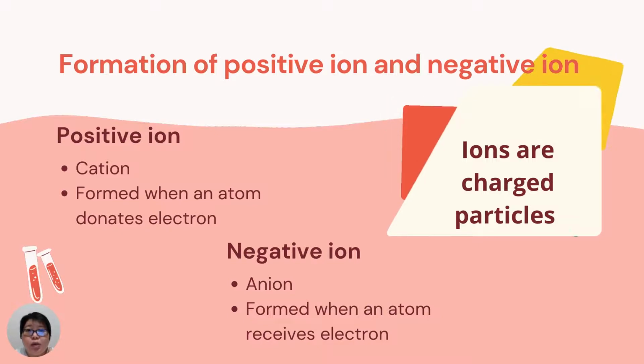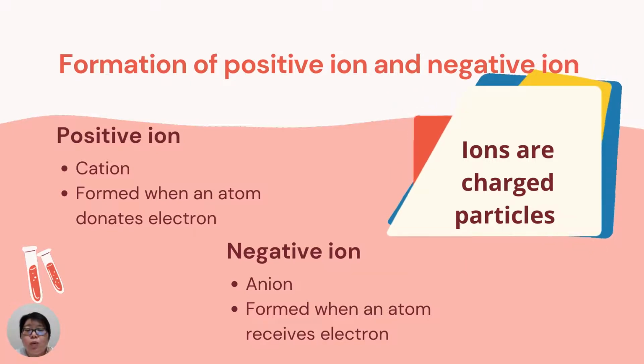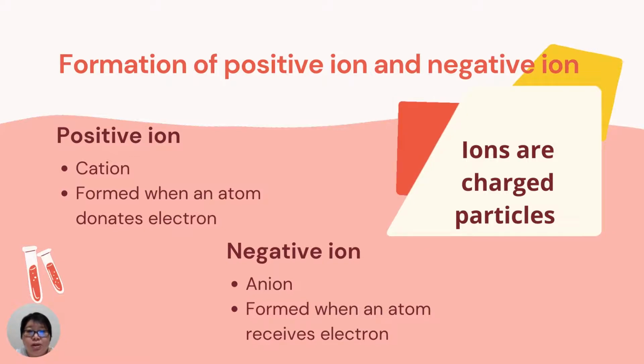It cannot have both happening at one time for the same atom, because some are metal atoms, some are non-metal atoms. So recall what you have already learned in Form 1. Metal atoms will donate electrons. Non-metal atoms will receive electron. I hope you still remember this.